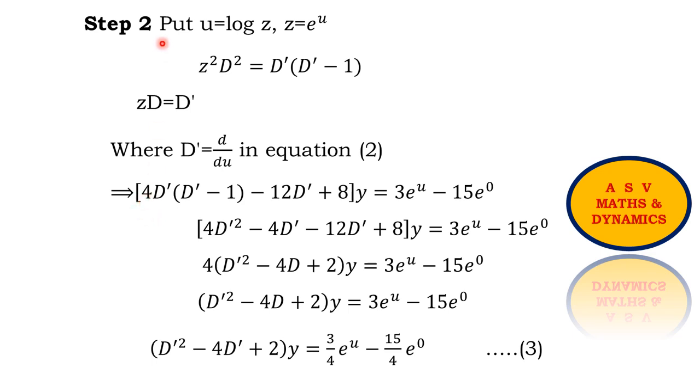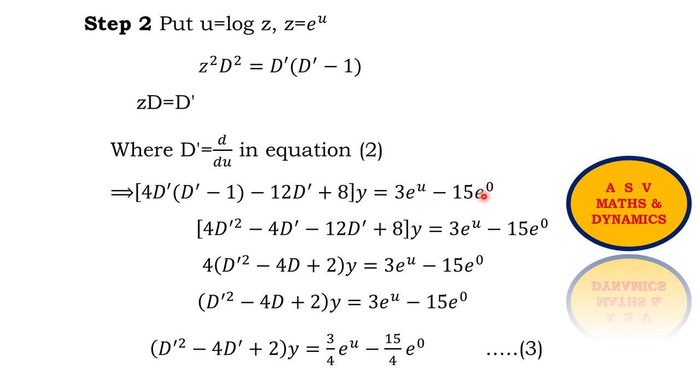So now you see 4, z squared d squared is replaced by d dash of d dash minus 1, minus 12 d dash, z d means d dash, plus 8y, equals 3 e power u, because you know very well the values, then minus 15 e power 0.